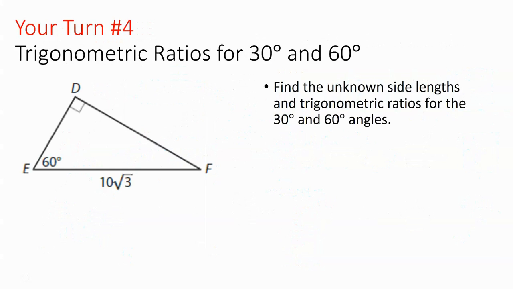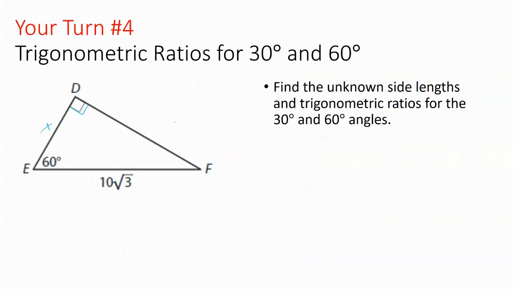All right, so your turn number 4, trigonometric ratios for 30 and 60. So find the unknown side lengths. So again, you have to know your ratios, right? That's my hint. Okay. And again, know what your hypotenuse is, and there's my other hint. Okay.